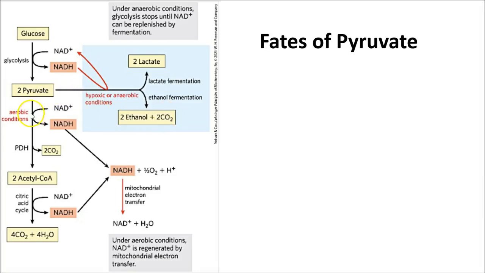Or it can go through an aerobic condition where it gets oxidized and thus produces NADH, carbon dioxide, and then it goes through a citric acid cycle to produce carbon dioxide and water. And so this process, at least with the citric acid cycle, we will discuss in the next few lectures that are coming up. And that concludes the process of glycolysis.